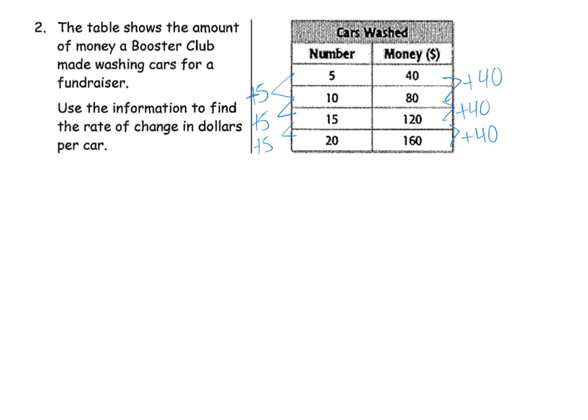So again, is the number of cars affecting how much money they have? Yes. So on the bottom we're going to have cars. So 5 cars. And what goes on the top? Money. Okay, so $40.